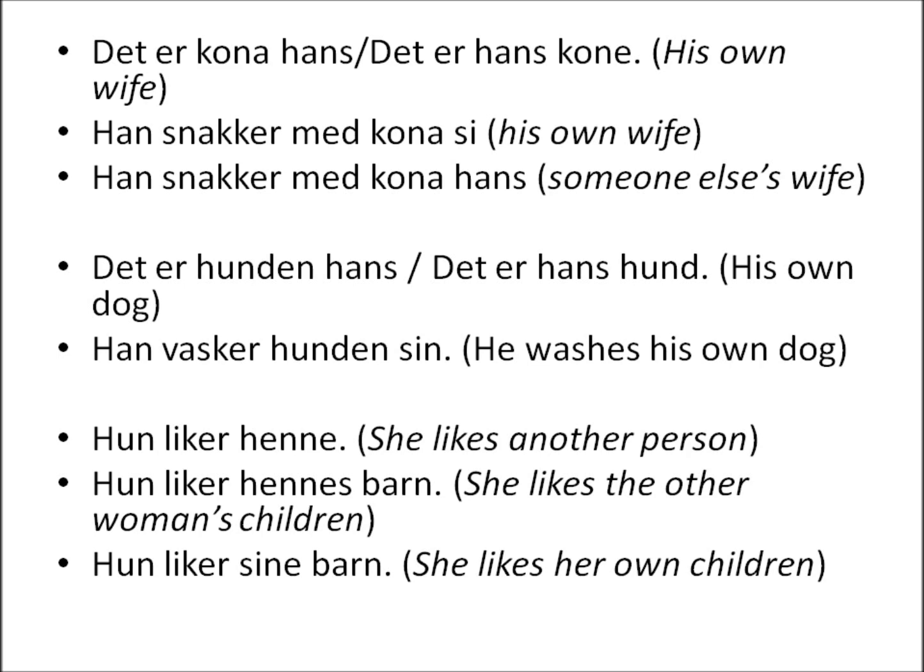For example, if we are talking about B and we are saying that B is speaking to C's wife, then we will use the word hans. Okay, so please remember han snakker med kona si is his own wife and han snakker med kona hans is somebody else's wife.